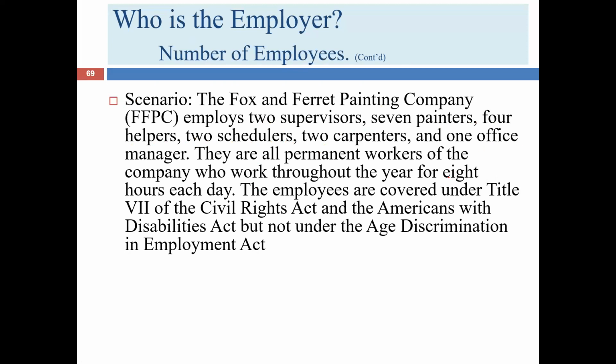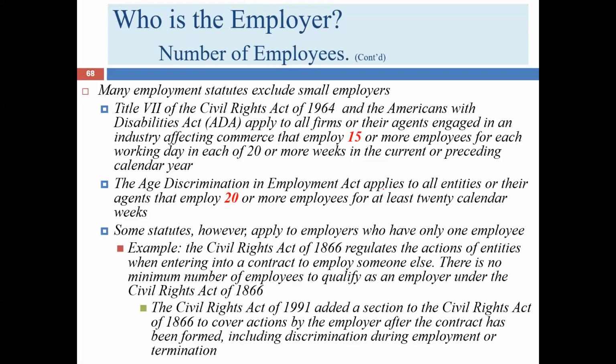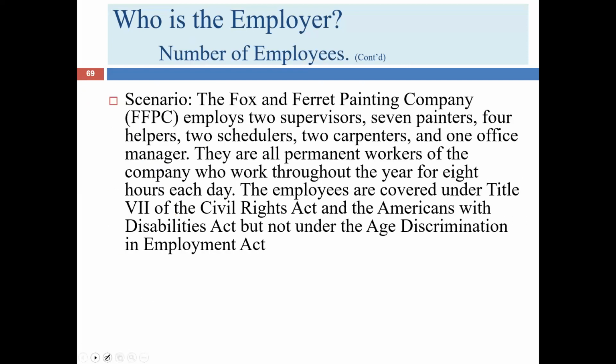So we have a total of 18 employees. They're all permanent workers of the company, and they each work 8 hours a day. Because we have 18, they will have crossed the 15 employee threshold that we covered right here. They have more than 15, which means this law applies, and the Americans with Disabilities Act applies. But guess what? This statute is not going to apply because they did not reach the 20 employee threshold.